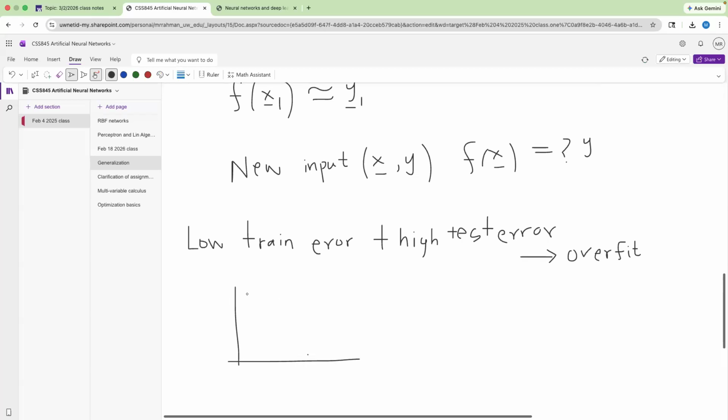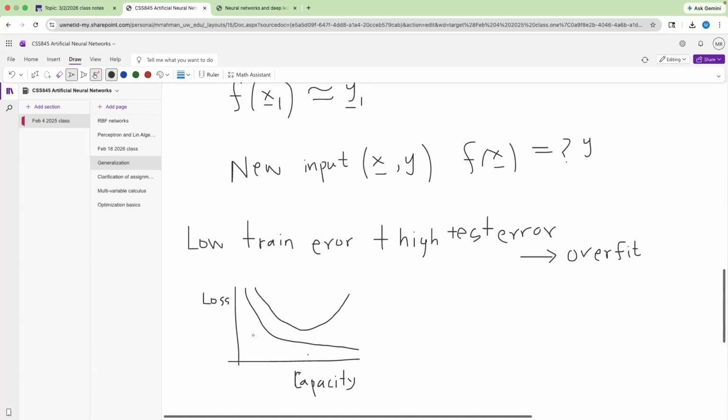You have the training error, and if you plot the test curve, this is usually what happens. I'm going to plot capacity on the x-axis, and on the y-axis it's going to be the loss.